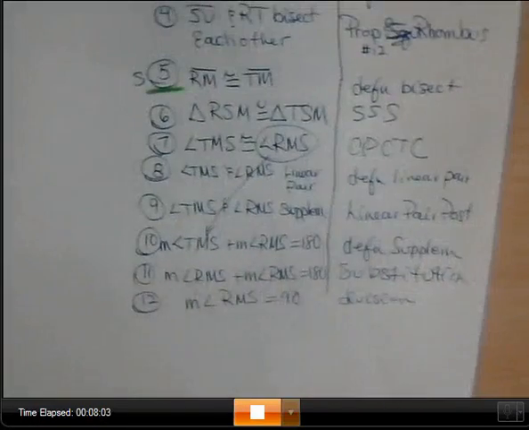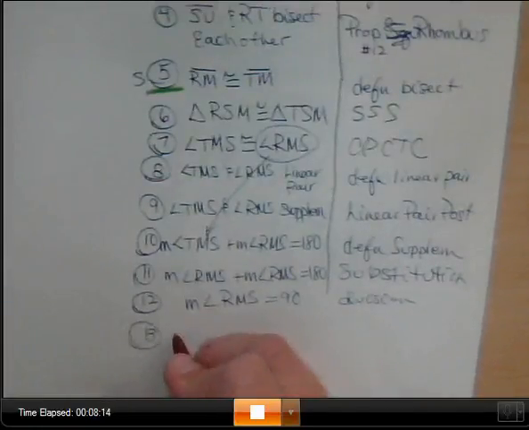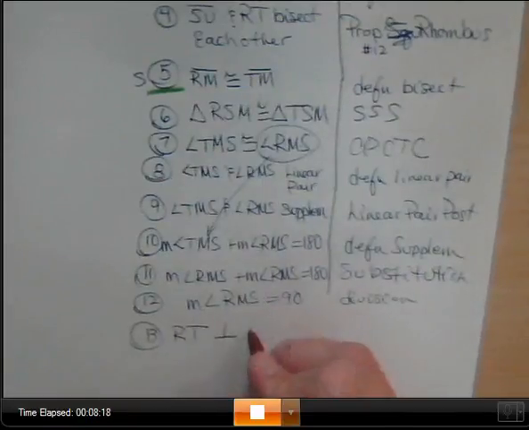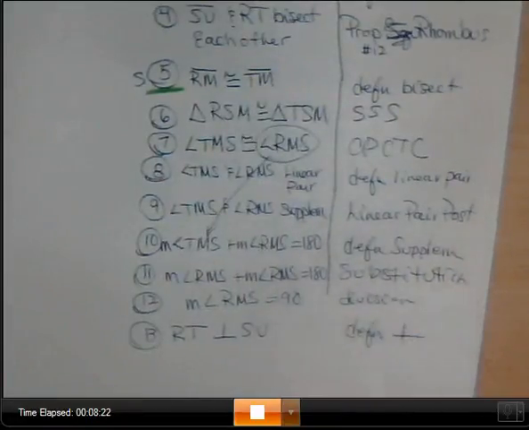Now, I could have broken that down into a couple more steps, but I think at 12 we have enough. So if it's 90, then what do we know about the segments? RT is perpendicular to SU, definition of perpendicular.